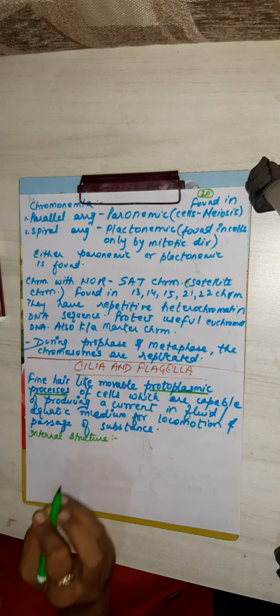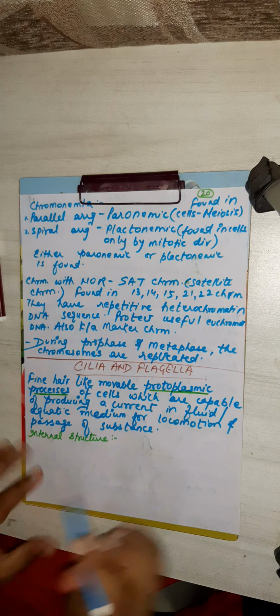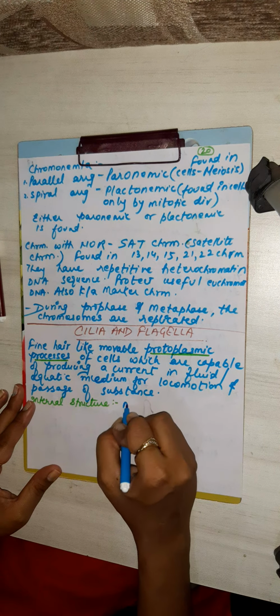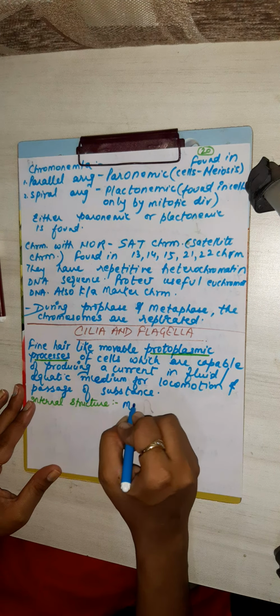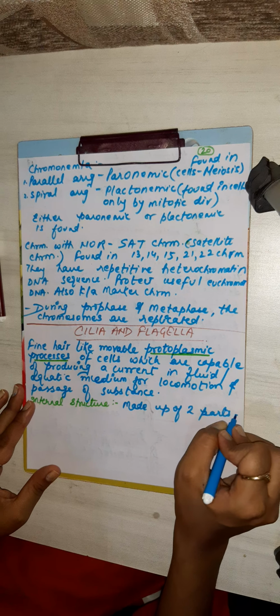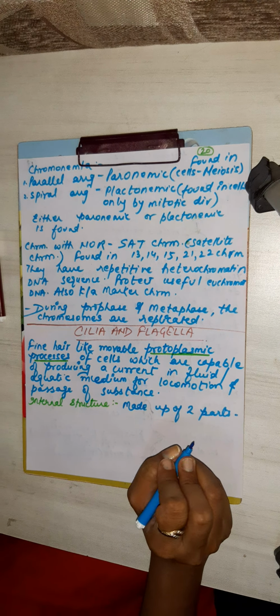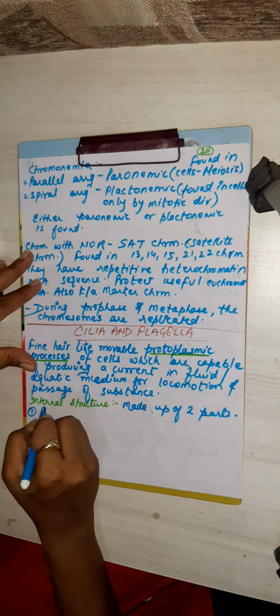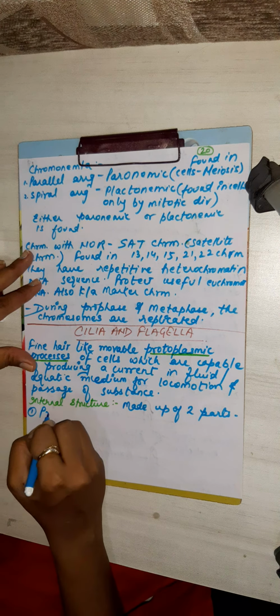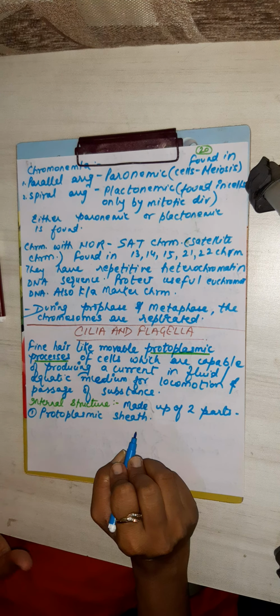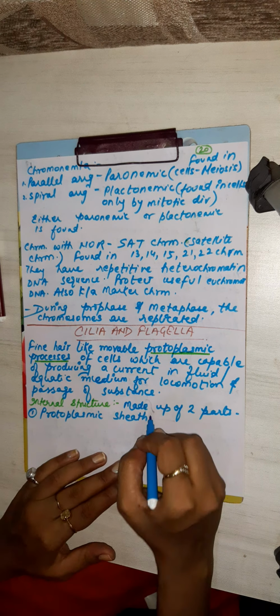The internal structure is made up of two parts. What are the two parts? The first is the protoplasmic sheath, which is the extension of the plasma membrane.